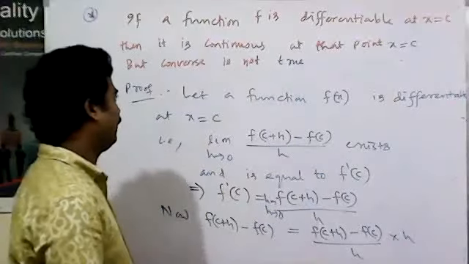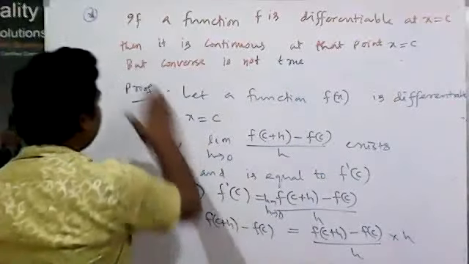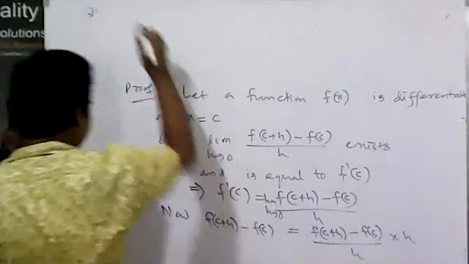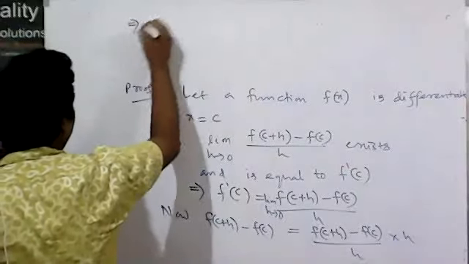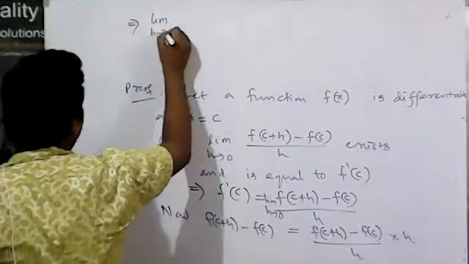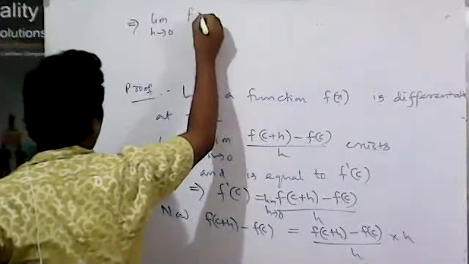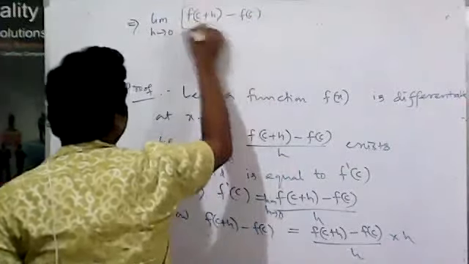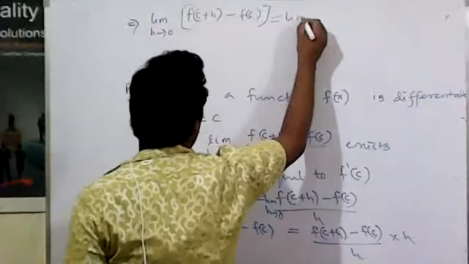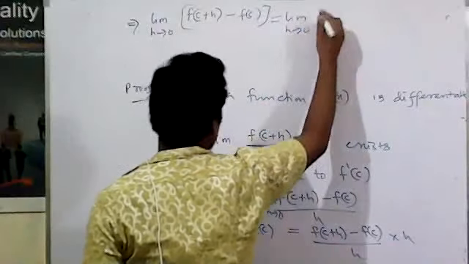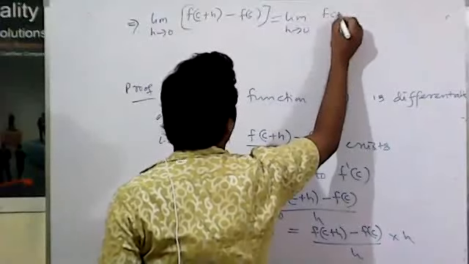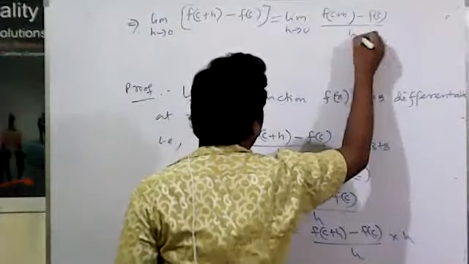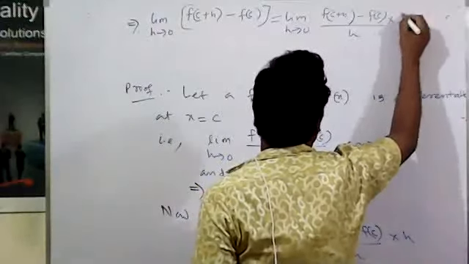Similarly, taking the limit h tends to 0 on both sides, the limit of f(c plus h) minus f(c) is equal to the limit h tends to 0 of f(c plus h) minus f(c) by h into h.